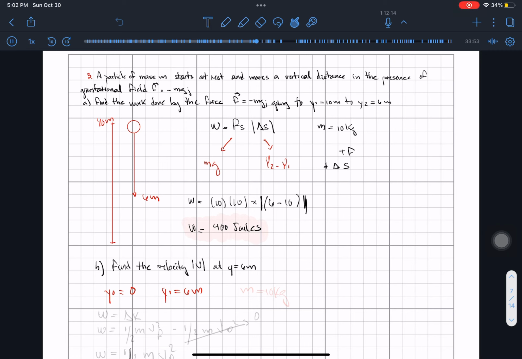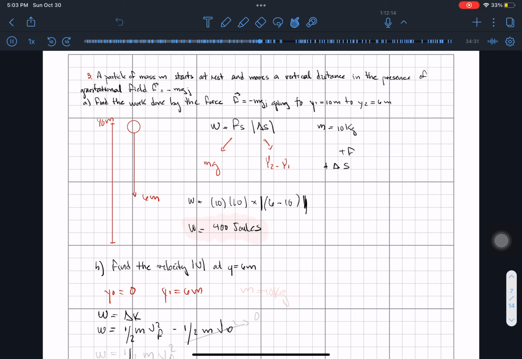The equation that we're going to use to solve this problem is work is equal to the variation in kinetic energy, which is half times mass times final velocity squared, minus half times the mass of the object times initial velocity squared.